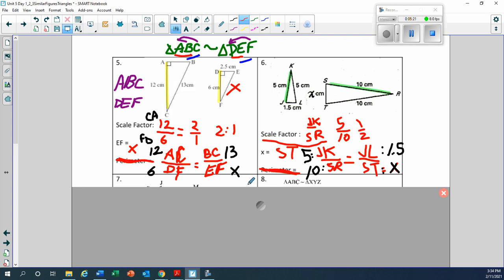Now, I'm going to tell you, you will get a decimal for this value of x. What you need to do is your cross multiplying.